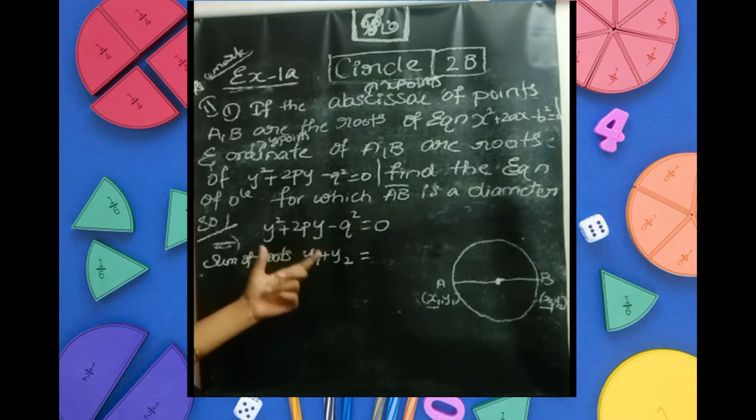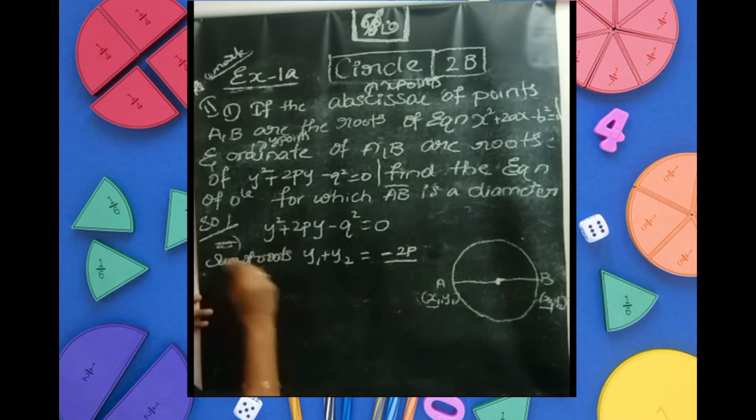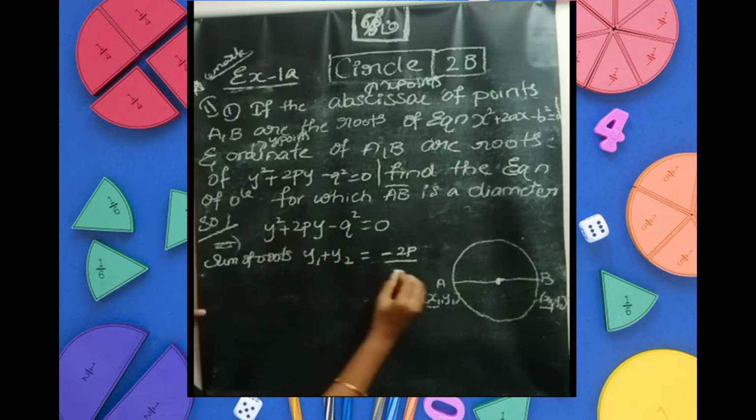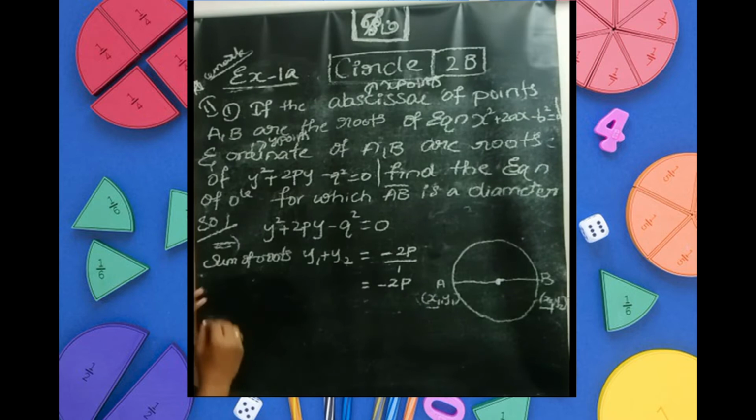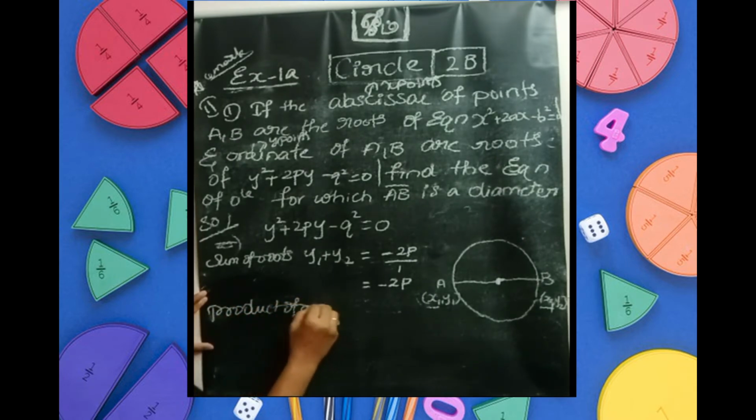Here they have given y square, so this is the y coefficient, minus 2p, and the y square coefficient is 1. So it is minus 2p. Likewise, we have to do for the product of the roots.